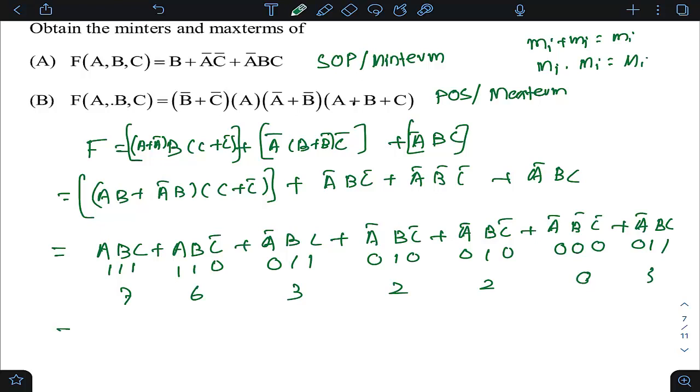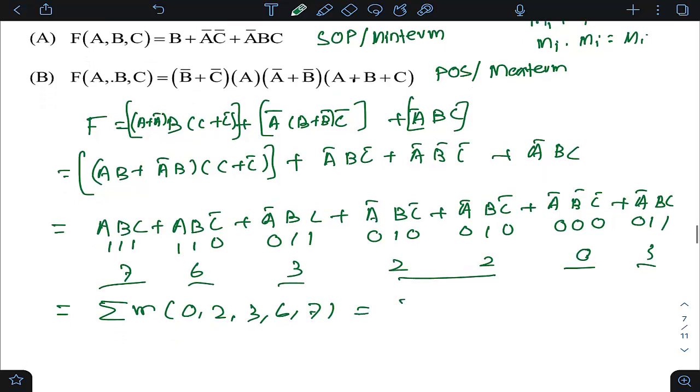So if I write the corresponding minterms, the answers are 0, 2, 3, 6 and 7. These are the minterms. If I ask you what the maxterms are, those terms which are missing, like 1 is missing, 4 is missing, 5 is missing. So these are the maxterms.